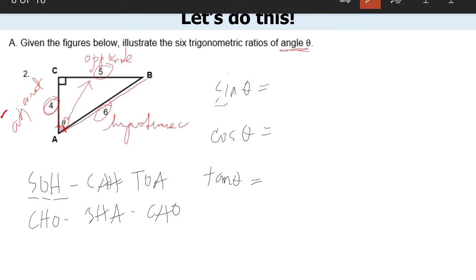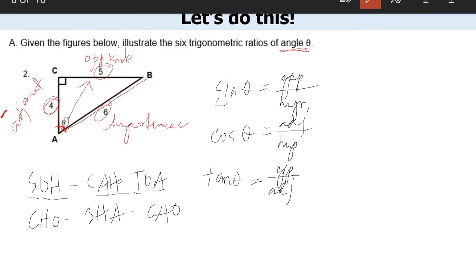Sine is opposite over hypotenuse. And cosine theta is equal to adjacent over hypotenuse. And for tangent, we have opposite over adjacent. So after you get the basic trigonometric ratios, you can now write the reciprocal.